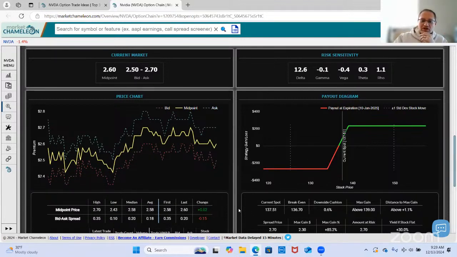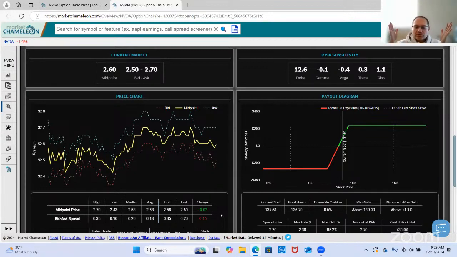And down here, we actually measure that. We look at the midpoint price, the high, the low, the median, the average. And we could see the start and finish. So this is where the midpoint is basically where it started on the day. Even though it moved around, the spread started around 258 and ended around 260.